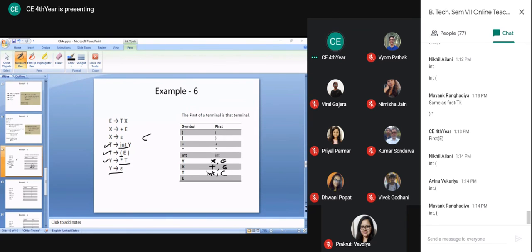Can you tell? If you look at this, first of e is nothing but first of t, because t is not producing null. So first of e is equal to first of tx, but here we'll get only first of t, as t is not giving null.